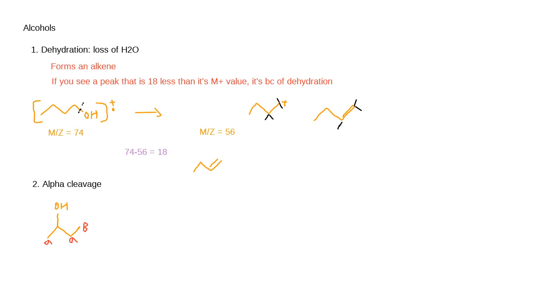So let's say I have a mass spec of 74, or m/z value of 74, and I'm trying to get to 45. Okay, and then if we do our math again, 74 minus 45 gives you 29. And 29, as you know, is ethyl.